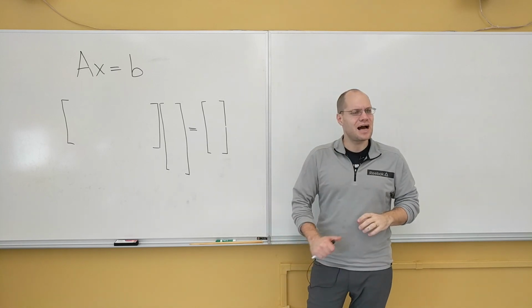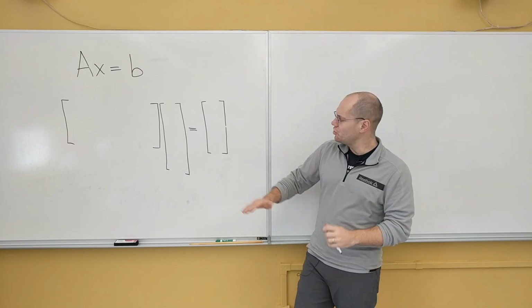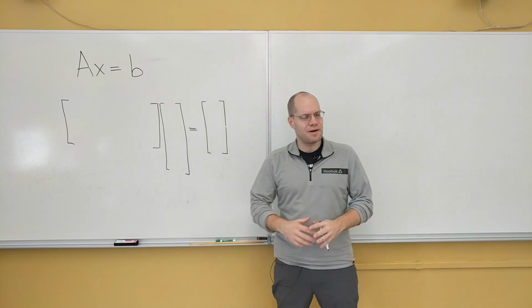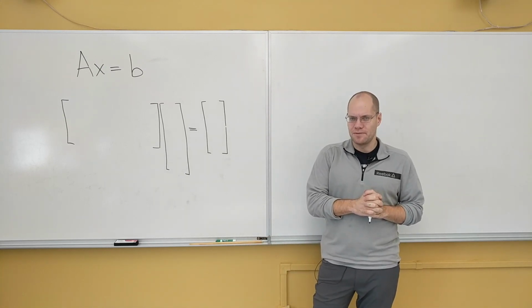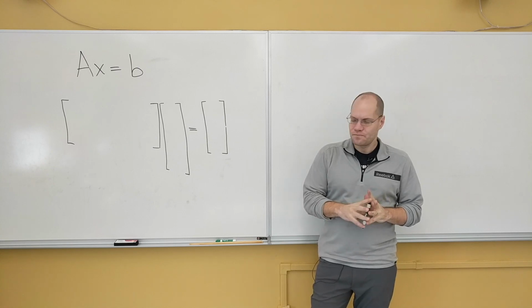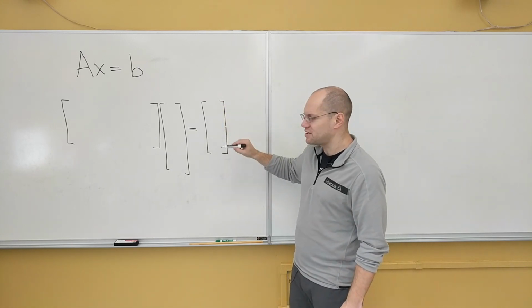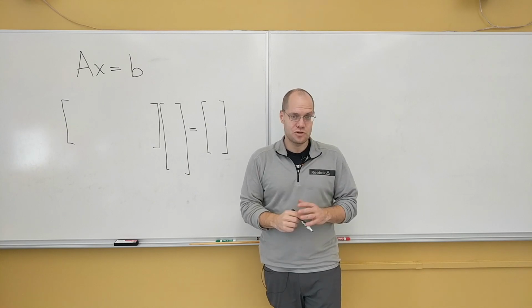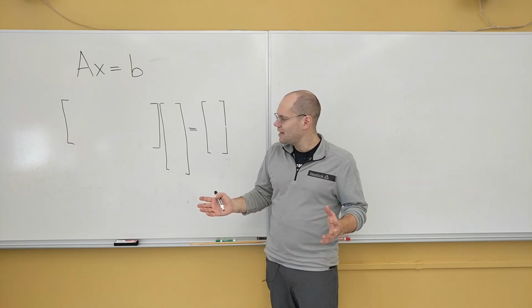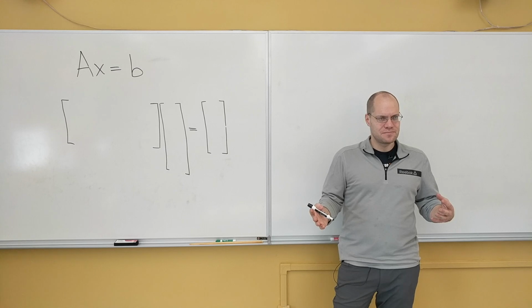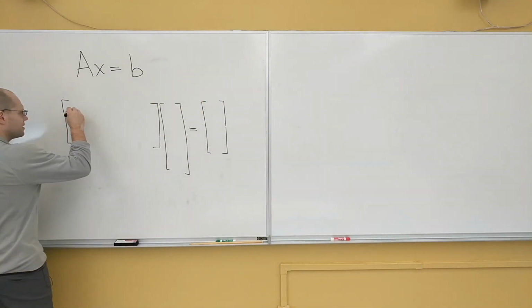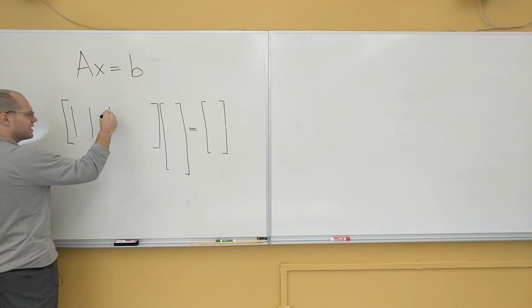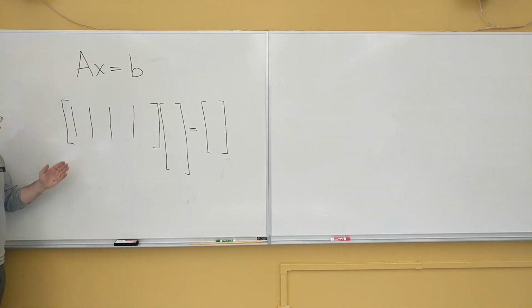In the column-wise perspective, you think of the linear system Ax = b as a linear decomposition problem, where you have to decompose the vector on the right, we'll call it b, as a linear combination of the columns of the matrix. So we'll think of the matrix as a collection of columns c1, c2, c3, c4.